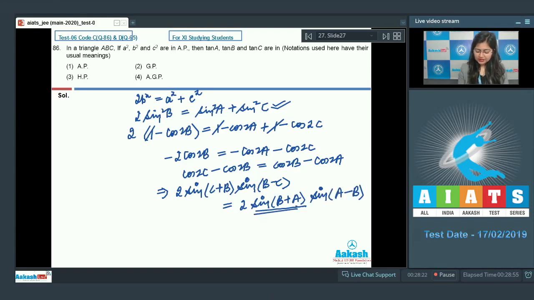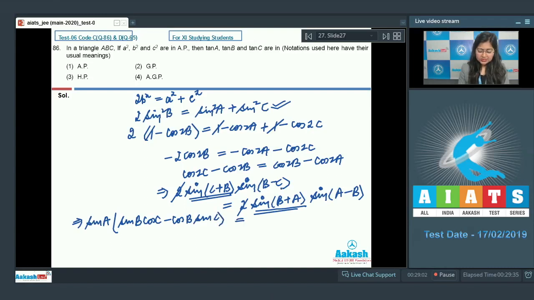Now, this can be written as sine c and this can be written as sine a. Cancelling 2 on both sides. Now, this can further be written as sine of (c plus b), which is sine a, into sine of (b minus c), which can be written as sine b cos c minus cos b sin c.